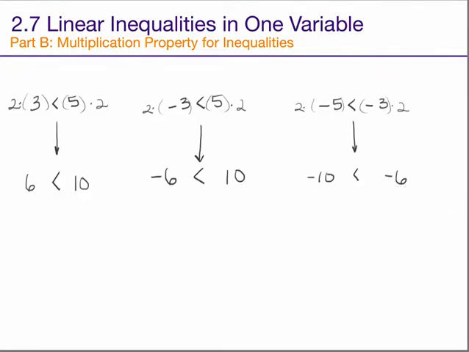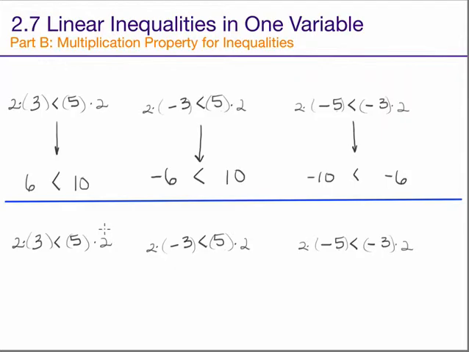Watch what happens, though, when I multiply both sides by -2. Here are my three original inequalities multiplied by 2. If I change the 2 to a -2, and perform those multiplications, -2 times 3 is -6. 5 times -2 is -10.